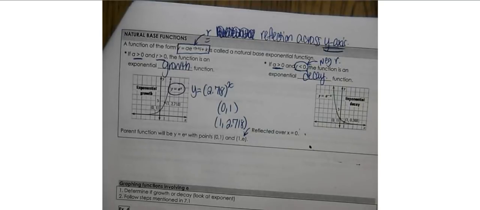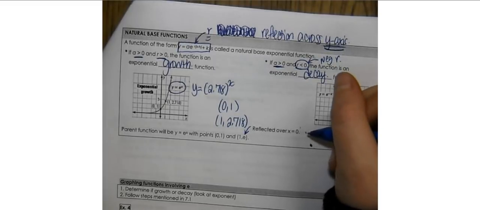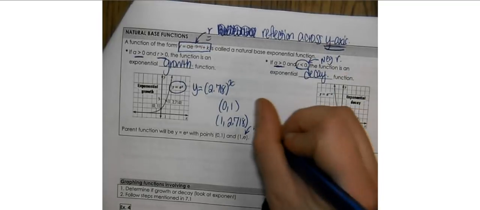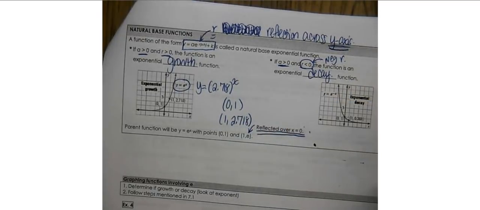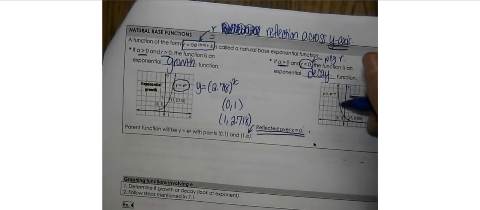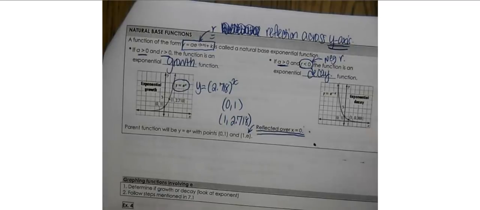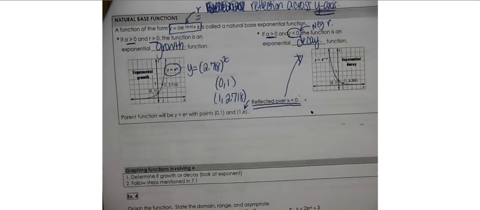Please note that this is going to be reflected over x equals 0, which happens whenever we have an exponential decay function. x equals 0 is a vertical line, and that'll happen whenever your r is negative.